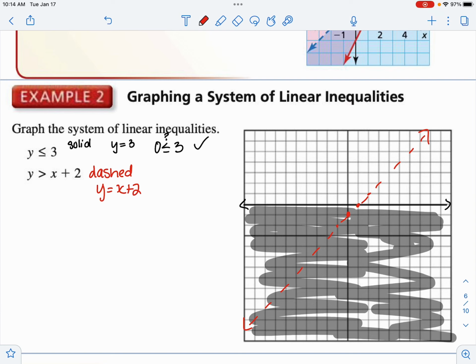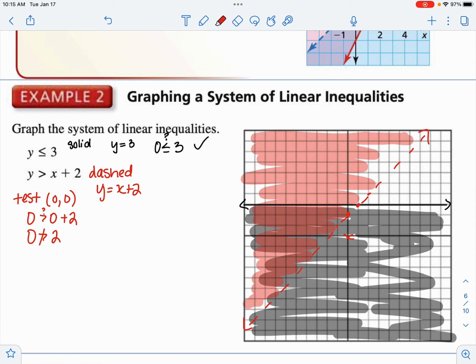And so I'm going to test, because I always like to test, 0, 0. And I'm going to see if that is a solution to my inequality. So if I plug in 0, 0, we're checking, is 0 greater than 0 plus 2? So we're checking if 0 is greater than 2, and it is not, so we are not shading where 0, 0 is. We are shading above the line.